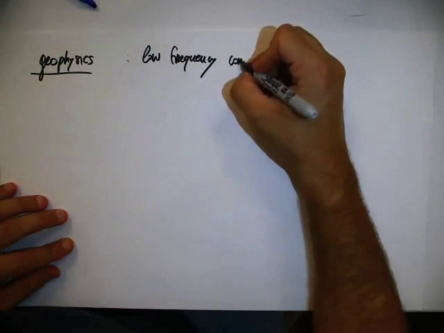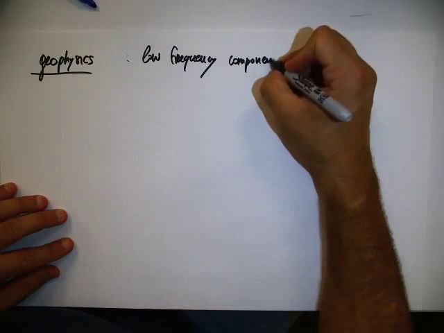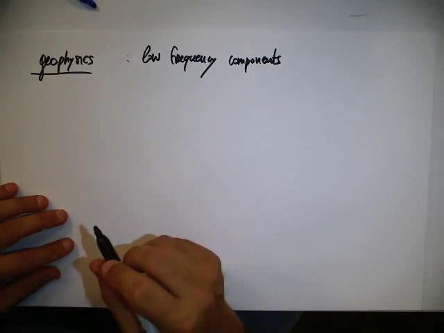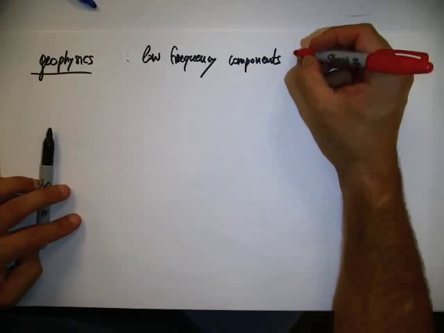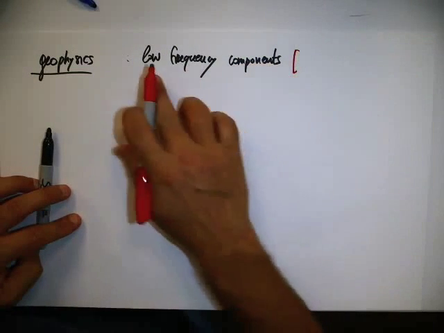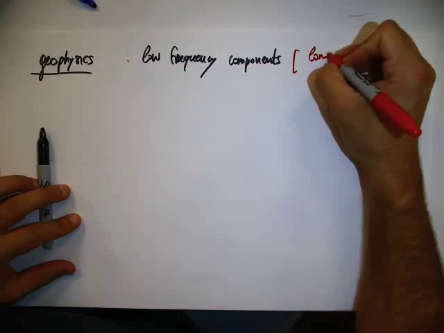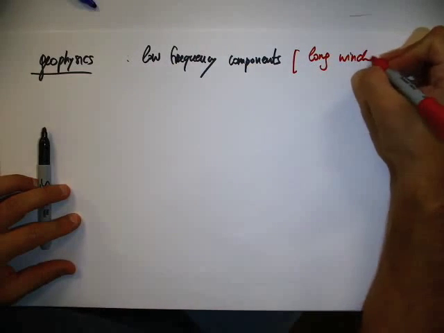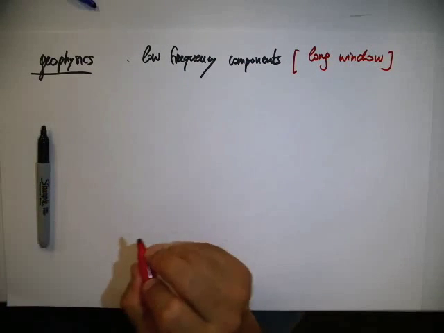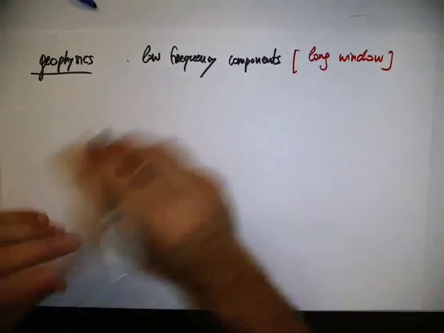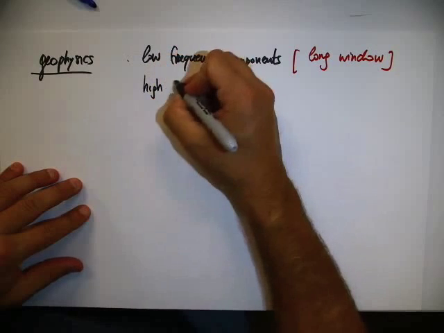Low frequency components are the ones that we want to identify the most, okay? And so, ideally, in order to identify the low frequency component, we would like to use a long window. Is that right?